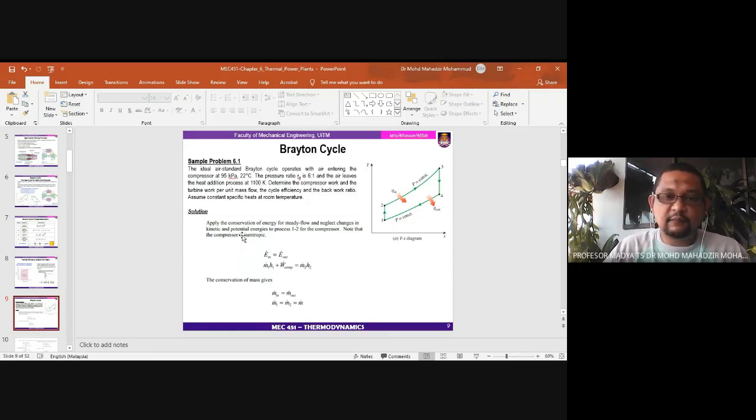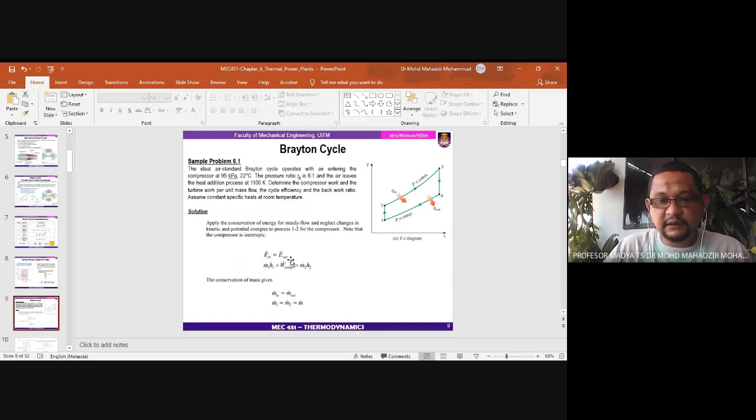So firstly, apply the conservation of energy for steady flow, and you also neglect changes in kinetic and potential energy, to process 1 to 2 for the compressor. The compressor is isentropic. So then we get the formula: the total energy in is equal to total energy out.